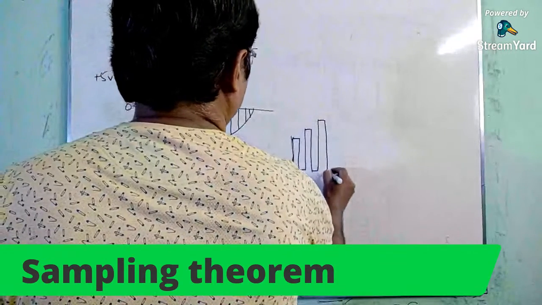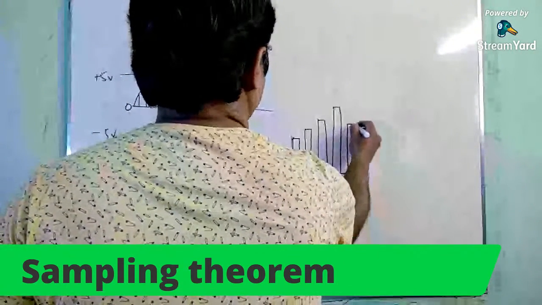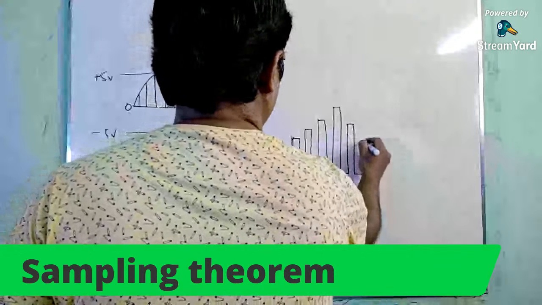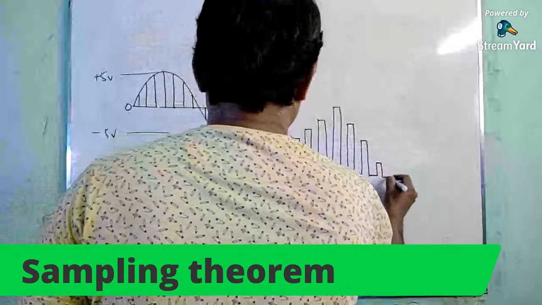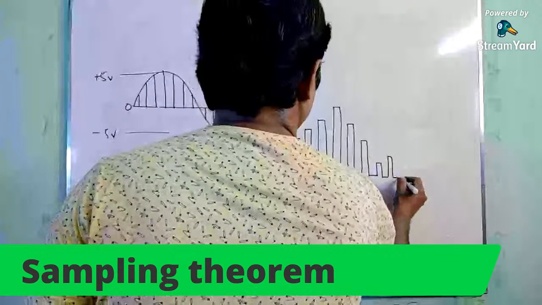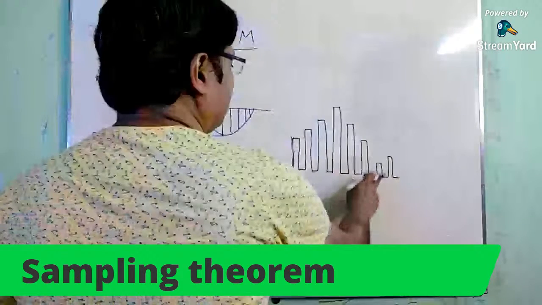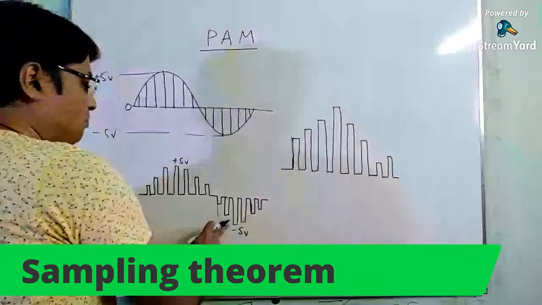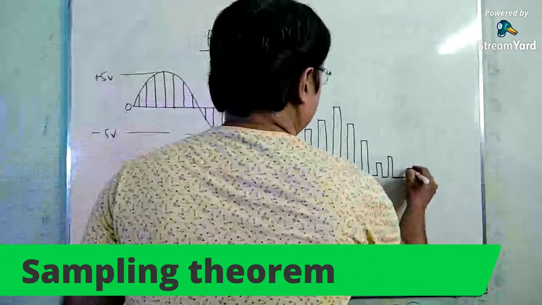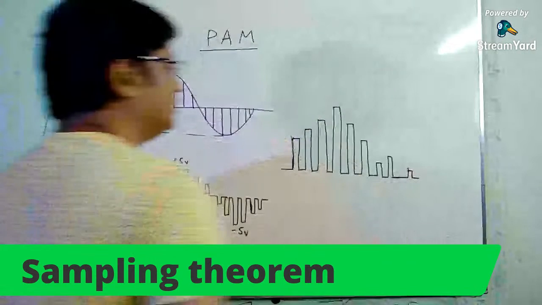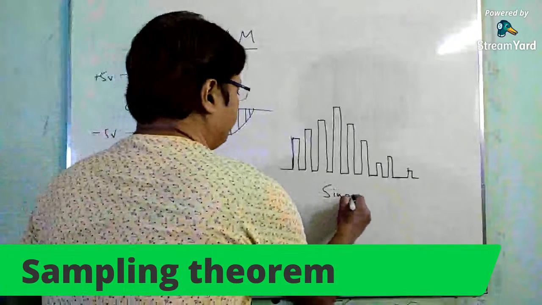That means the amplitude of the signal is added up with plus 5. Then the negative values are taken in the positive range. So this is minus 1, it will be plus 4, minus 2 will be plus 3, minus 5 will be 0, minus 4 will be plus 1, and so on.